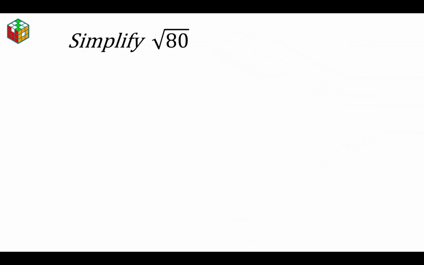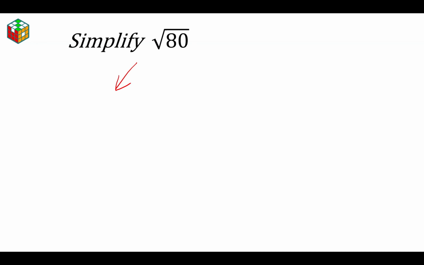So let's talk about how to simplify root 80. There are 2 methods. Method 1 is you want to spot how can I break 80 down into at least 1 or more square numbers. If you cannot spot that now, I can offer you method 2. So let's have a look first.